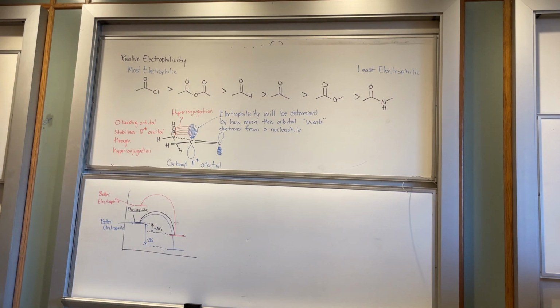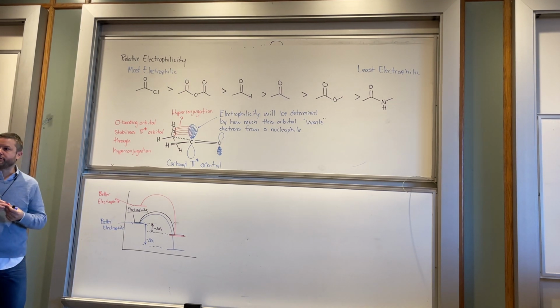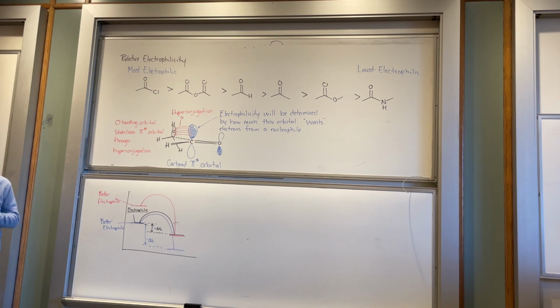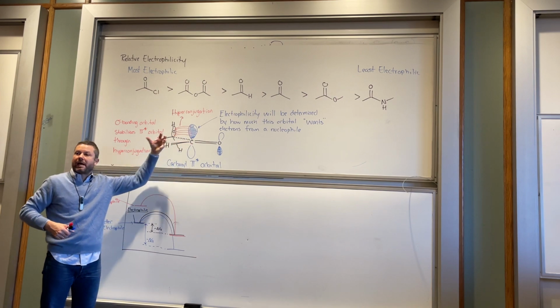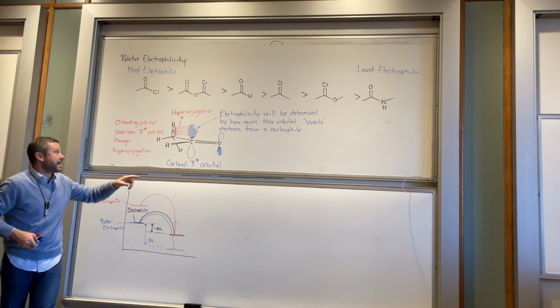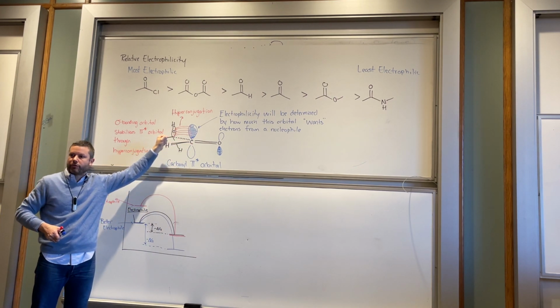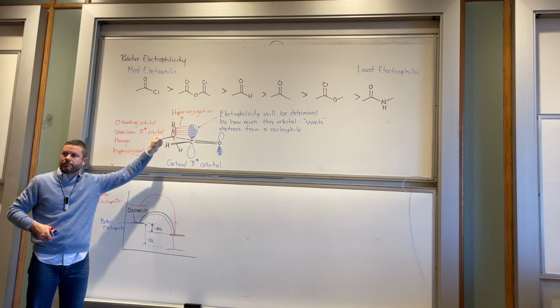If you remember, this is different from just regular conjugation. Hyperconjugation is when a sigma bonding orbital can overlap and align with an adjacent empty orbital. So if you think about it, some of this carbonyl carbon's want for electron density is satisfied through the hyperconjugation with the adjacent sigma orbital.